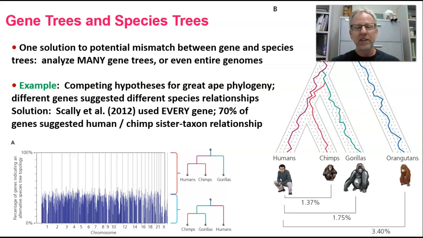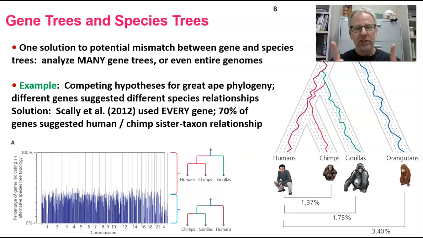Well, what's going on is that there was incomplete lineage sorting with several of these genes. The branch lengths between our speciation events were short enough that incomplete lineage sorting has become a problem, as discussed in the last slide.